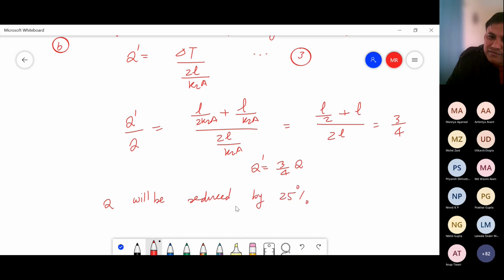Do you all agree? So this is the answer for part B.